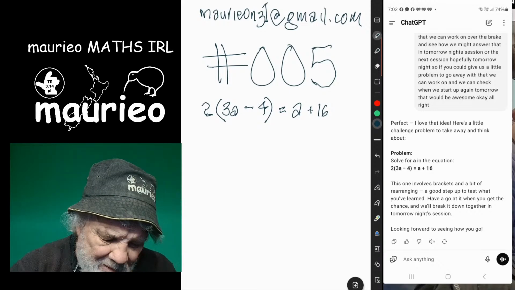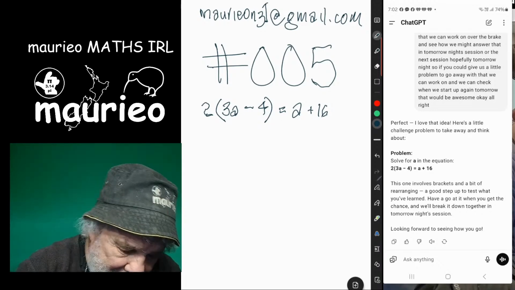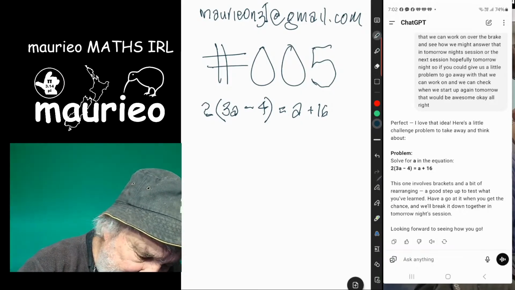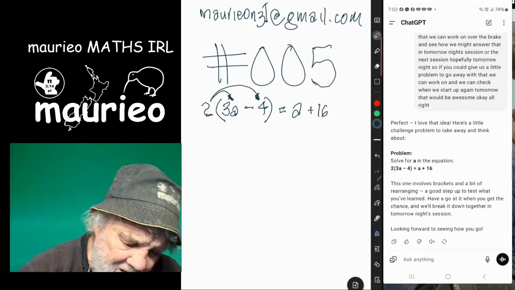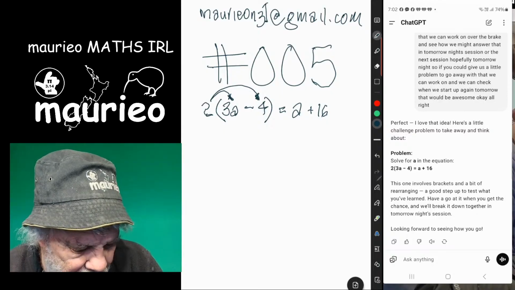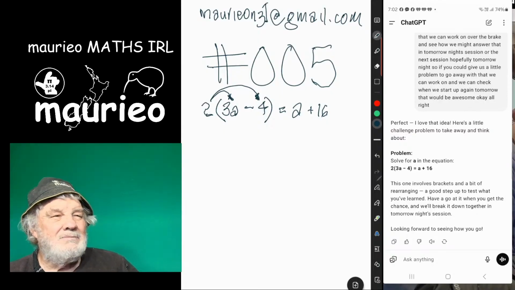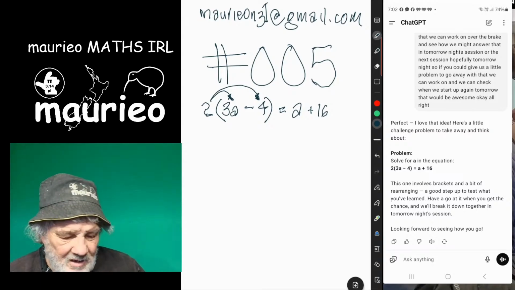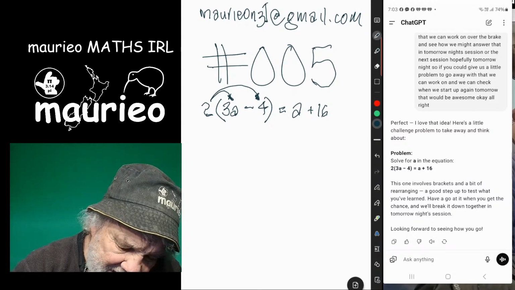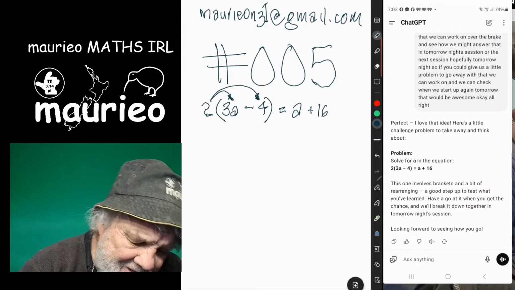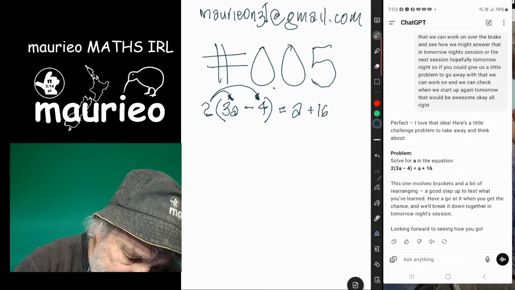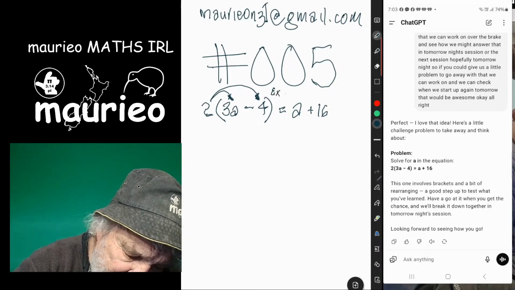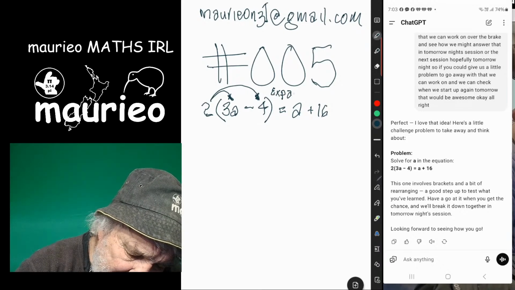Now, to remove the brackets, remember it's 2 times everything in the brackets. So it's 2 times 3a minus 2 times 4. And then that expands the brackets. It's called expanding the brackets. E-X-P-A-N-D.